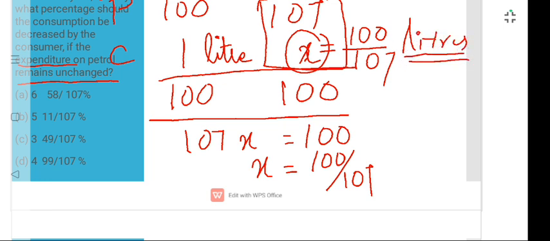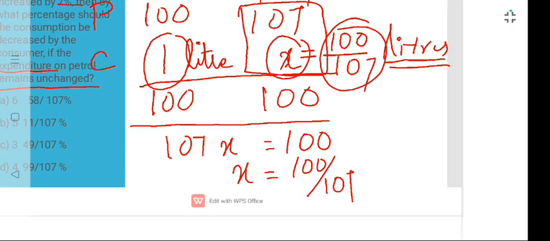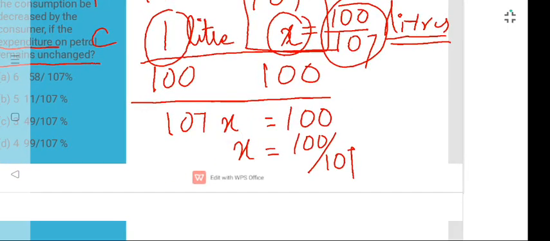The initial consumption is 1 liter. The final consumption is 100 by 107 liters. So is it increased or decreased? The consumption is decreased. The numerator is 100 and the denominator is higher than 100, so we will get a value less than 1. So how much decreased?